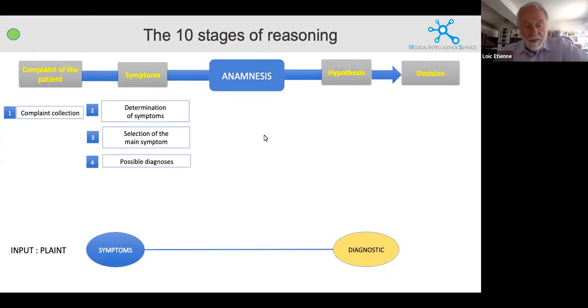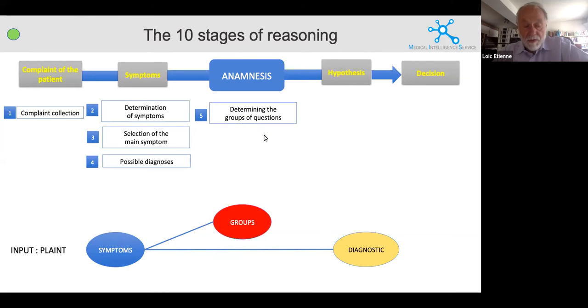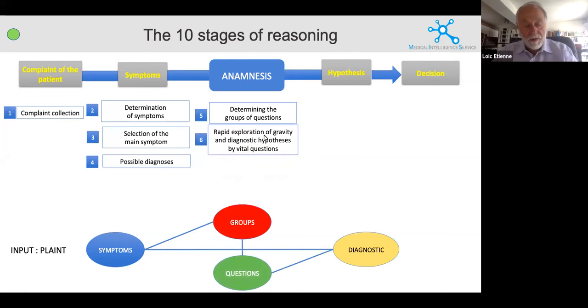In the next step, it will consider the possible diagnoses related to these symptoms. And in the fifth step, for each symptom, it has a group of questions like localization, intensity, feeling, and so on. It has to make a rapid examination, an exploration of gravity and diagnostic hypotheses by vital questions.